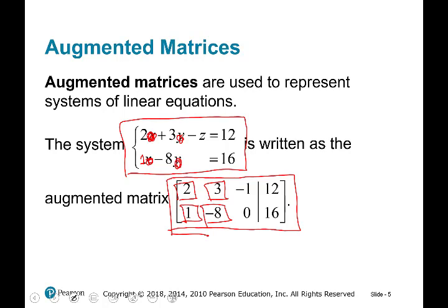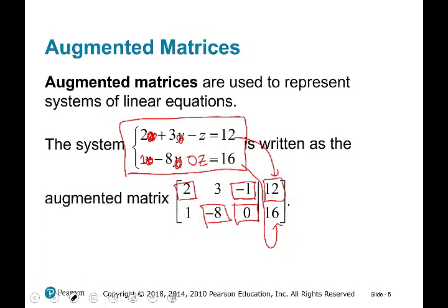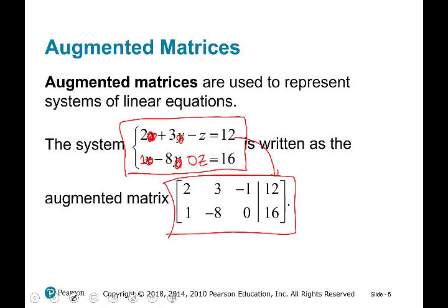This is a 0c, so this is the coefficient for the c variable. And here we have the results: that 12 goes here and the 16 goes here. So this matrix represents that system of linear equalities. We're going to use this augmented matrix to solve the system, so we're going to see how we're going to do that.